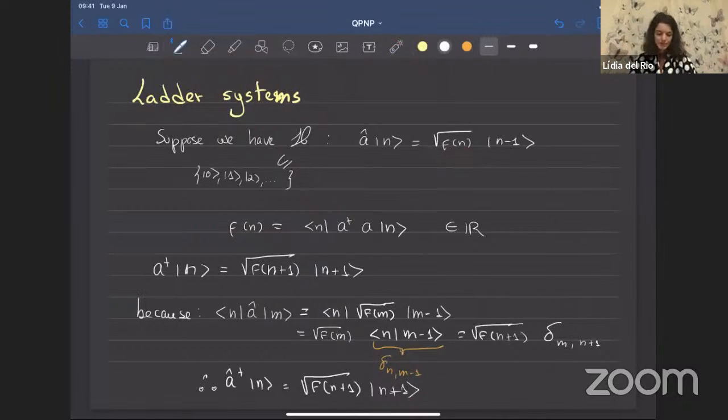And one way to see this is that this thing here, if I take the complex conjugate, so this is m n. So it should be this, but now the conjugate of that, right?